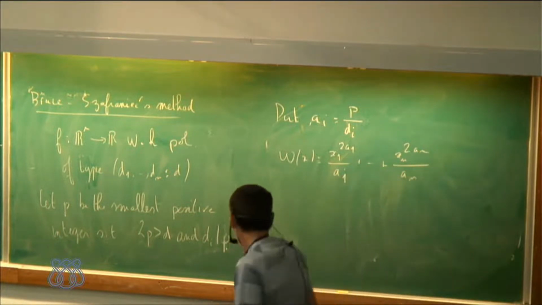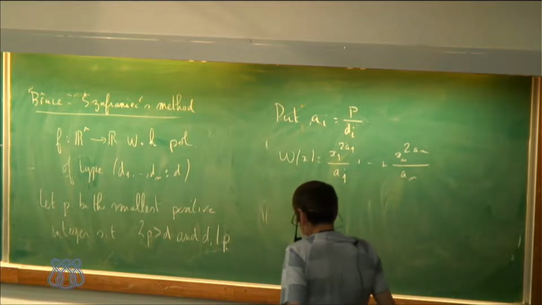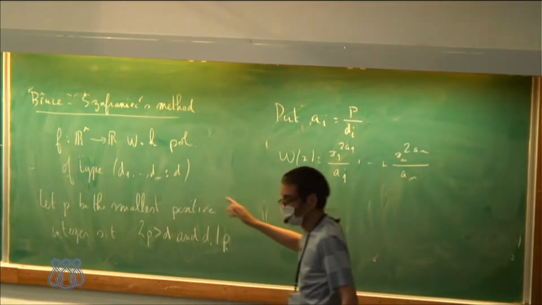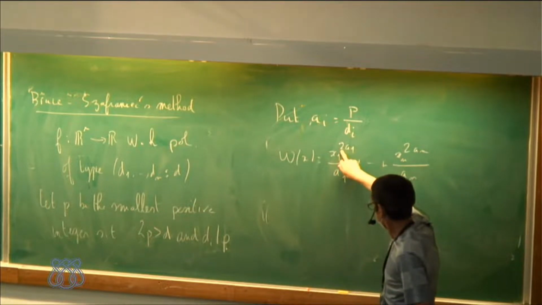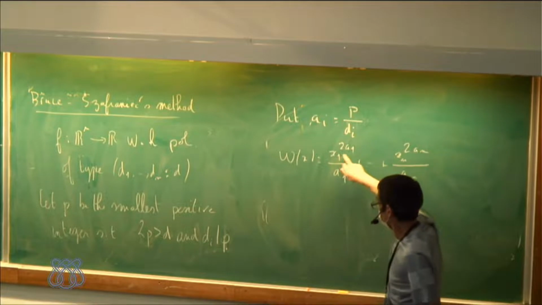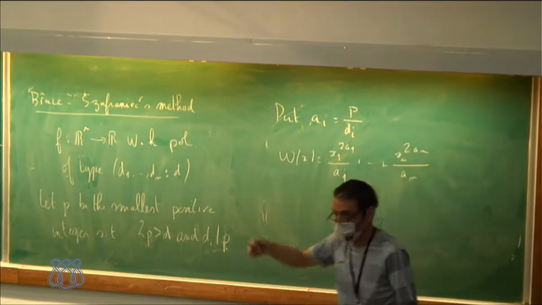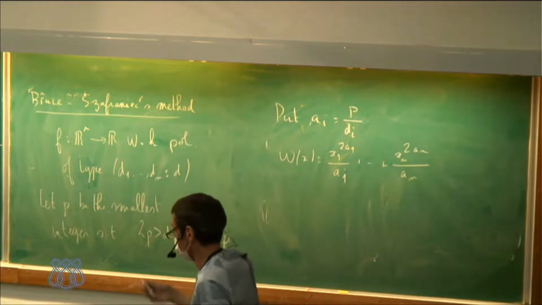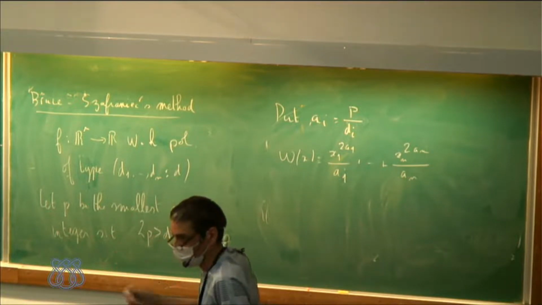Okay. So, for example, if F is only homogeneous, then this would be D plus 1 or D plus 2, depending on whether D is odd or even.